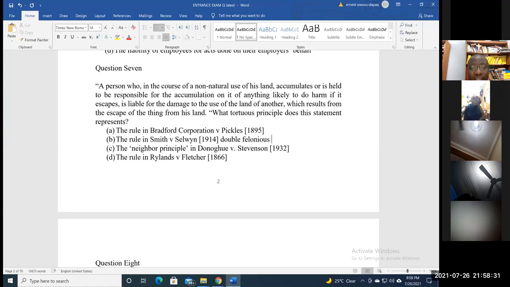You collect it there and you don't keep it under control. It escapes from your control, and then it causes injury or harm to another person who is near to you, such as a neighbour, then you are going to be made liable. So that was the rule in Rylands and Fletcher.